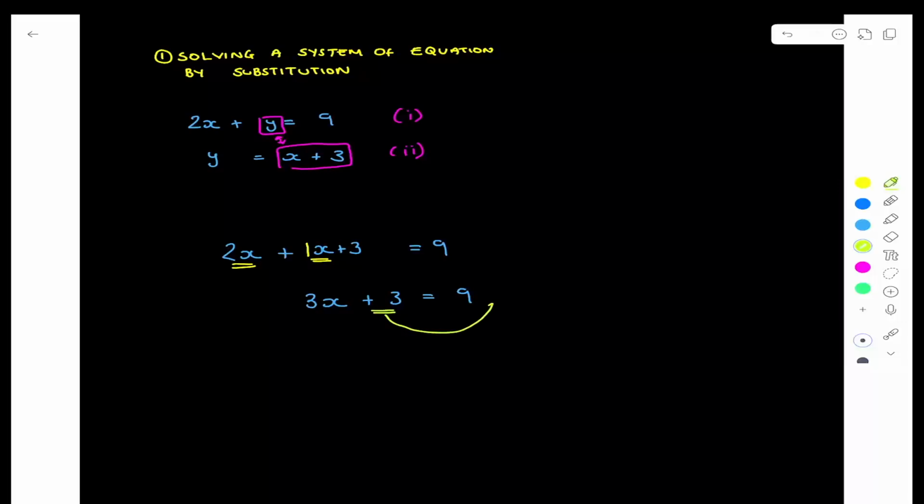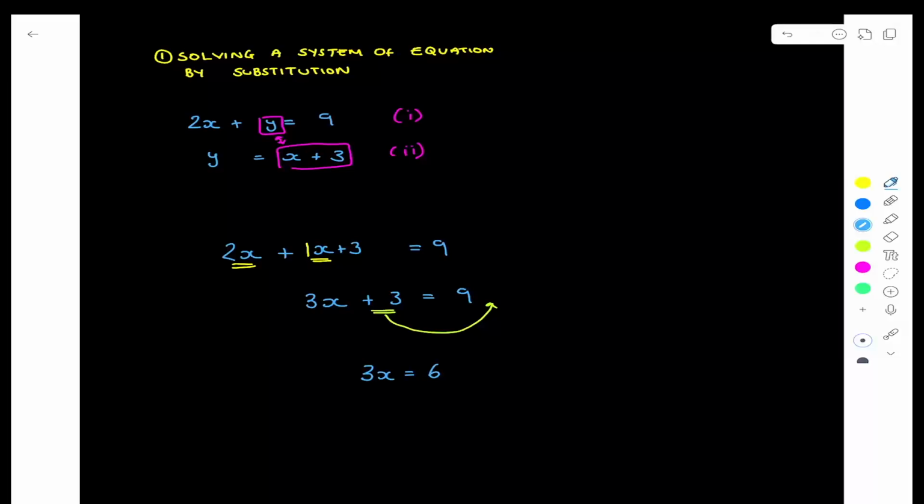We're bringing it across the equal sign. Whenever something goes across the equal sign, it becomes the opposite symbol, or we're subtracting 3 from both sides. It's pretty much the same thing, whichever way you want to think of it. So on the left hand side, you would have 3x. On the right hand side, you have 9 subtract 3, which is 6.